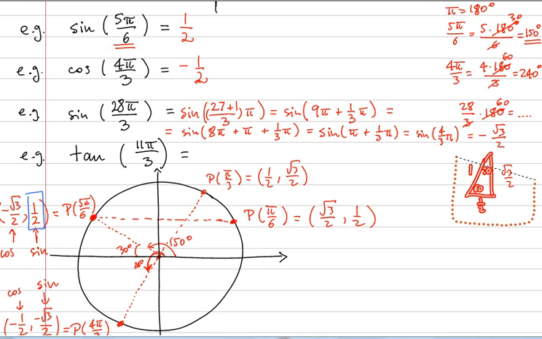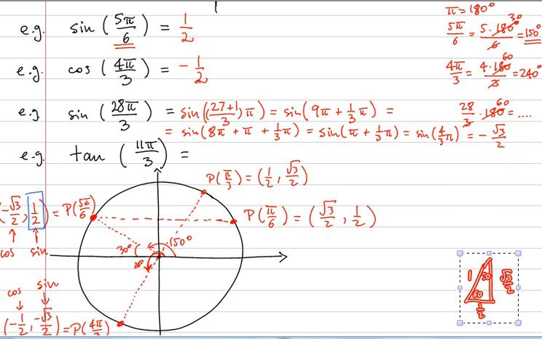Okay, so for the last problem, we have to remember what tangent is. How is tangent defined? Tangent is sine over cos. So you'll have sine of 11 pi over 3 divided by cos of 11 pi over 3.